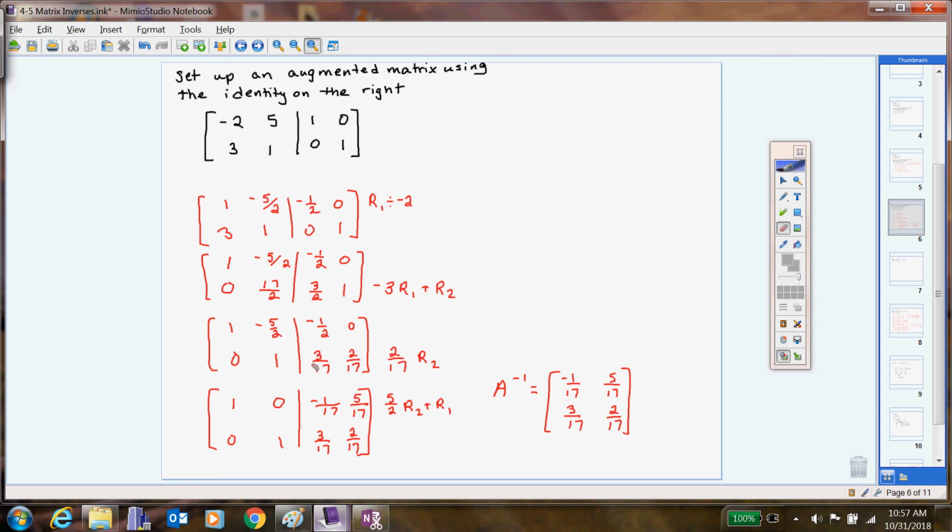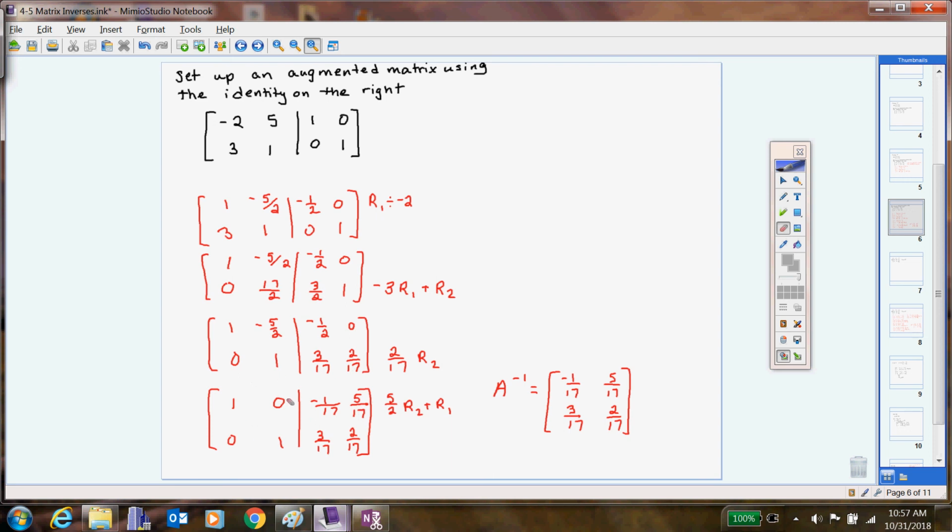So 5/2 times -1 is -5/2, plus 5/2 gives us 0. 5/2 times 3/17 gives us 15/34, plus -1/2 gives us -1/17 once we reduce it. 5/2 times 2/17 gives us 5/17 plus 0 gives us 5/17, which goes here.